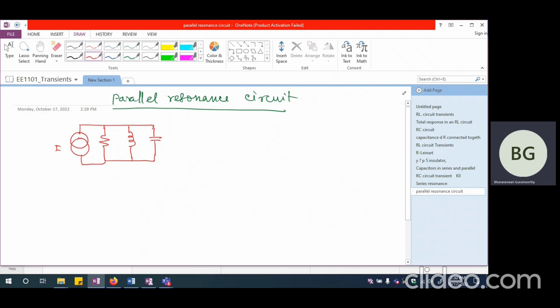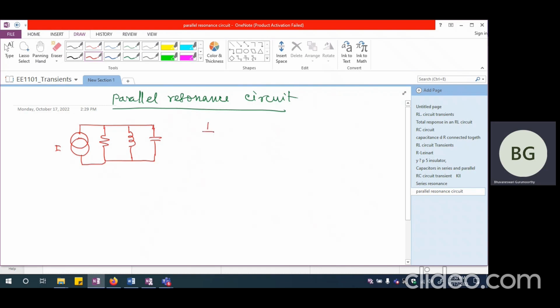And we are going to check at what condition resonance occurs and what we mean by resonance for a parallel resonance circuit. If I look at the overall impedance of the circuit, it's not very easy to calculate.